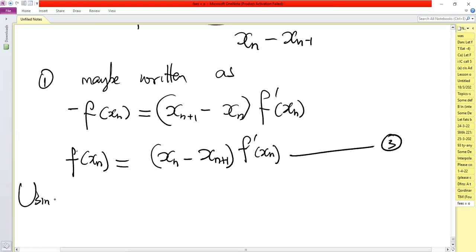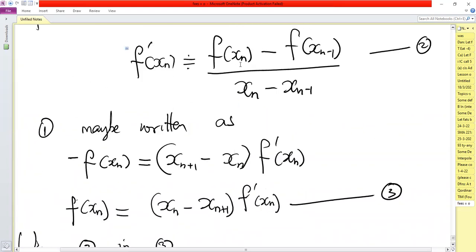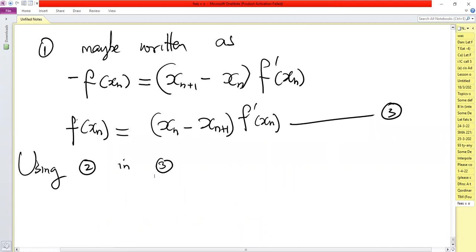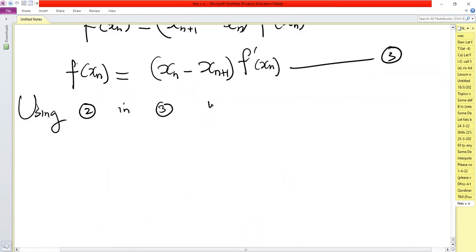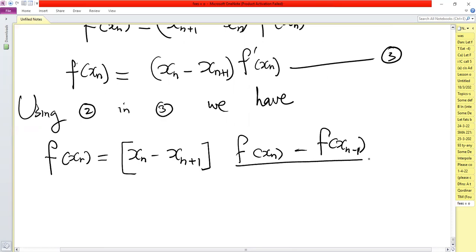Now using 2 in 3, this means that I rewrite this derivative of the function in terms of this difference quotient. We have f of xn is given by xn minus xn plus 1. I multiply this one by f of xn minus f of xn minus 1 divided by xn minus xn minus 1.